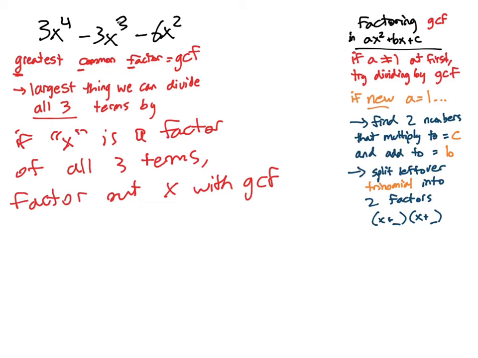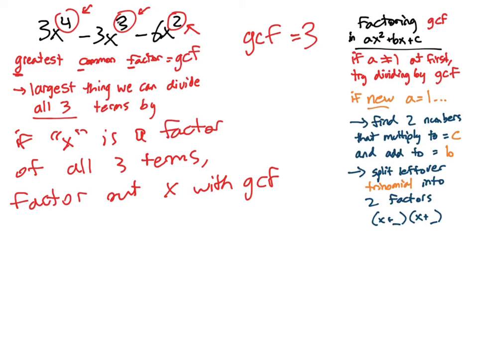The biggest number that we could divide all three of these coefficients by is 3. And the biggest power of x that we can divide all of these by is x squared. Because x squared is a factor of this last term, and since these other exponents are just higher powers of x, they do really have an x squared inside of them.